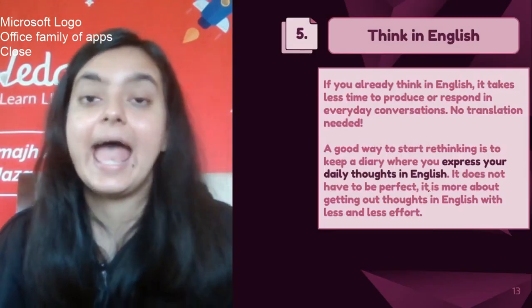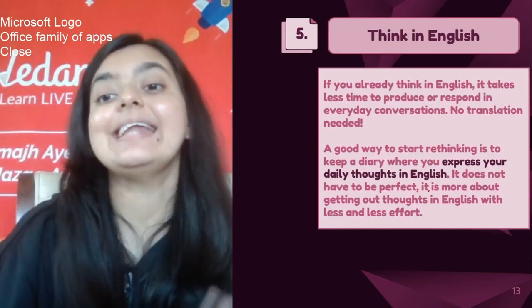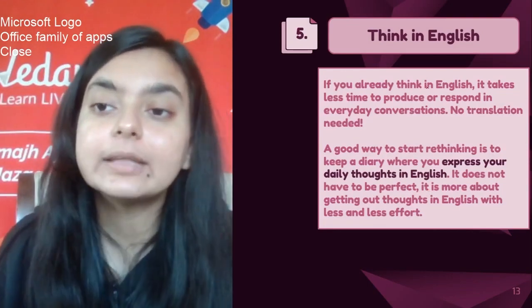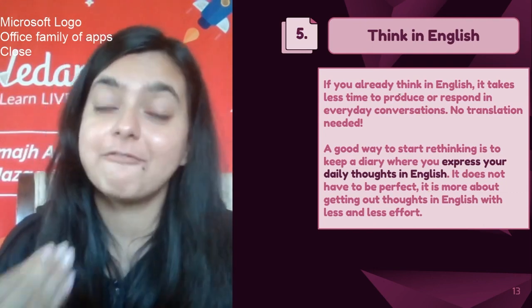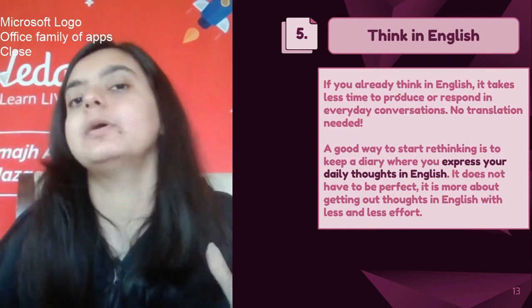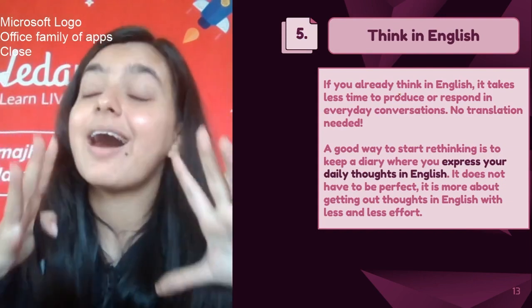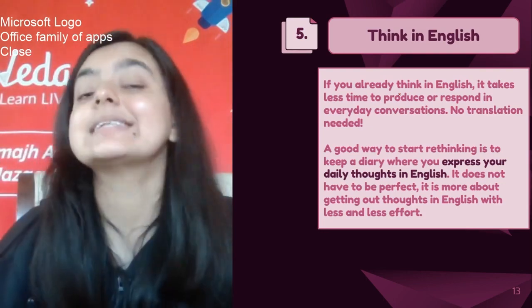Trust me on that. Now, the fifth point is the most important point again, thinking in English. Now, if you think in English, it takes less time to produce or respond to everyday conversations. So mostly what people do is, while speaking, they translate. First, they think in their mother tongue, then they translate into English.